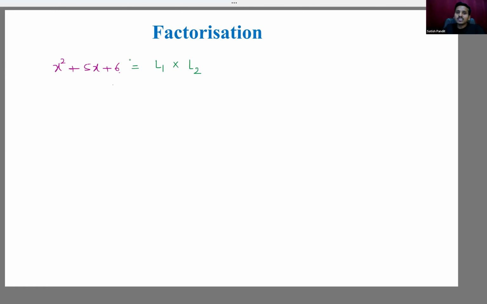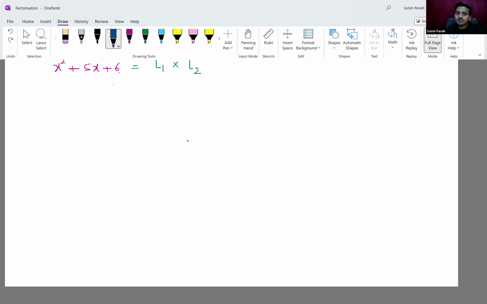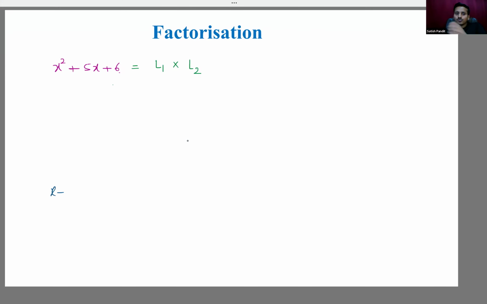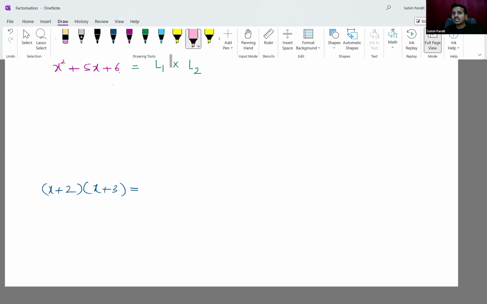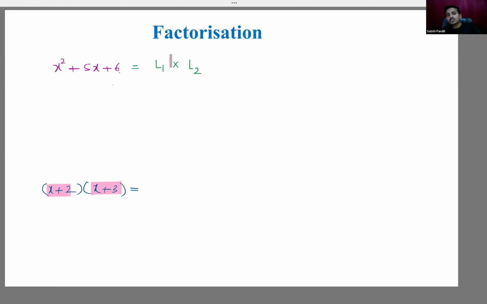For example, here I already know the answer for this question. So I'll just multiply x plus 2 and x plus 3. Now we have learned how to multiply a binomial with another binomial. These are binomials because each has two terms.